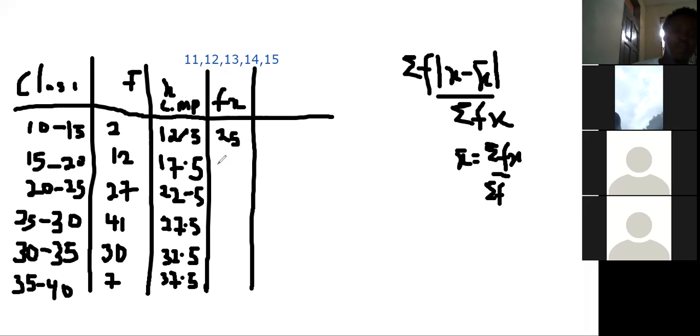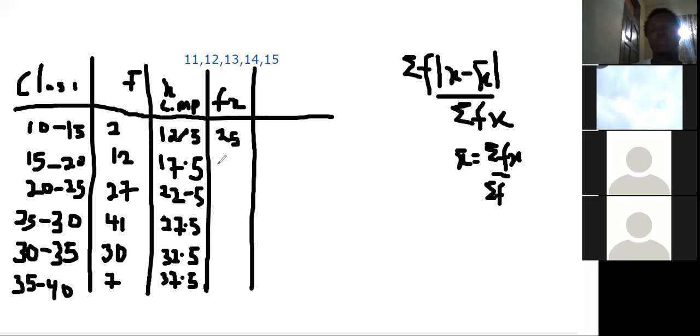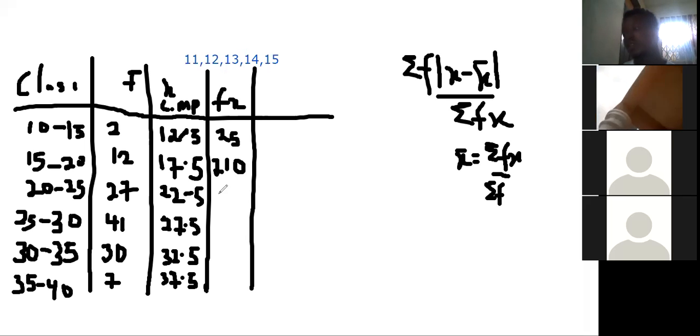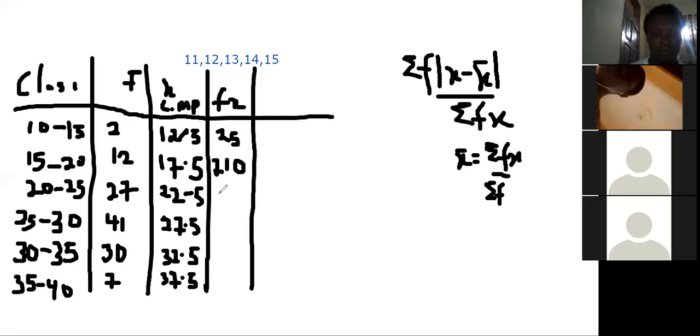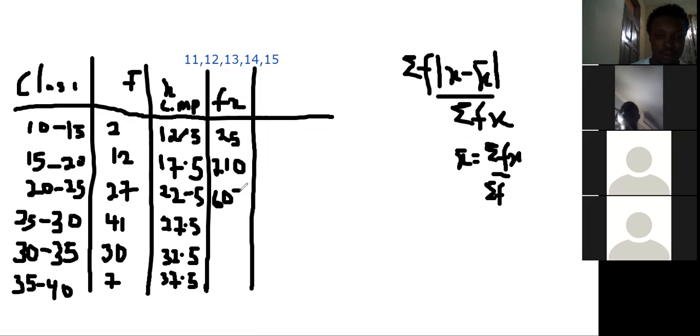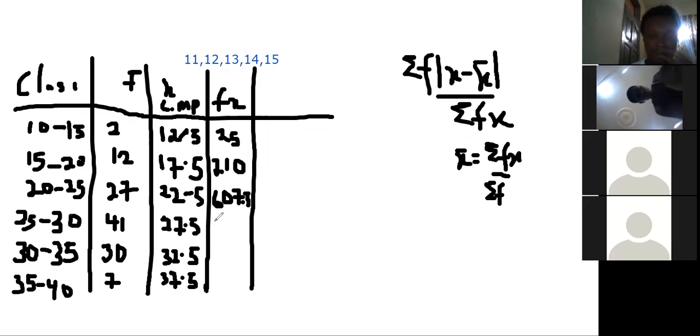And this will give us 12 by 17.5, which is 210. This one, 27 by 22.5, is 607.5. And this one will give us 1127.5.